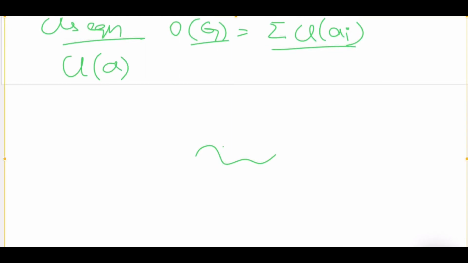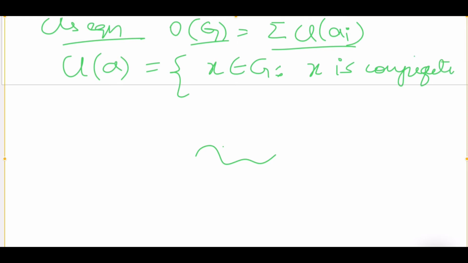If we are talking about the class of A, suppose, then we have the collection of all those elements of the group, suppose G is the group which we are talking about, such that X is a conjugate of A. That is, it is basically the set of all conjugates of the element about which we are taking the class, right?